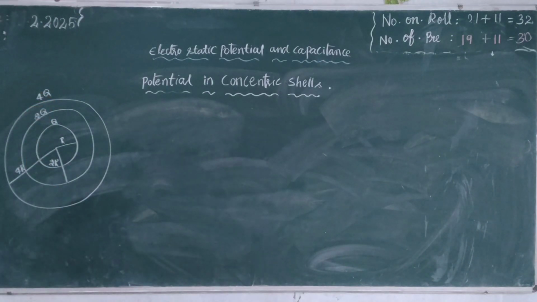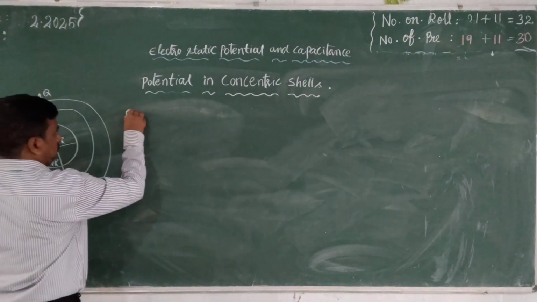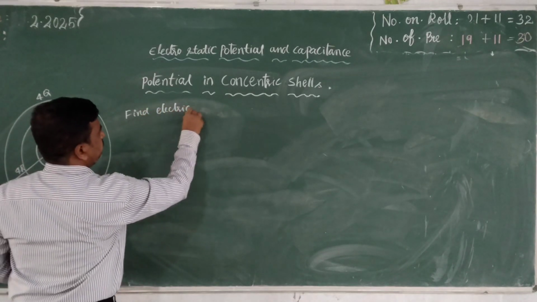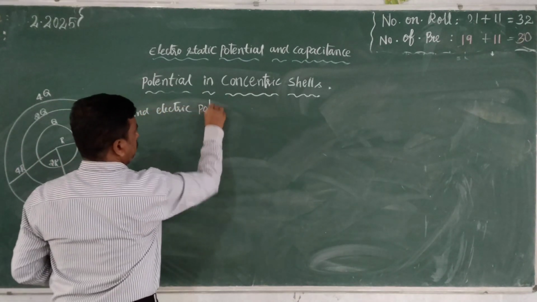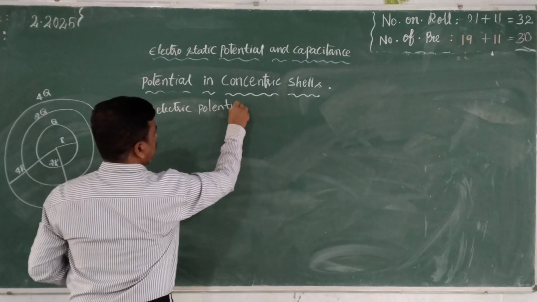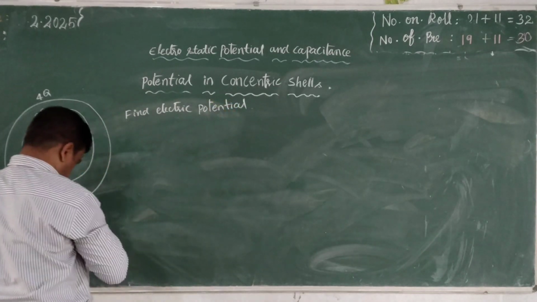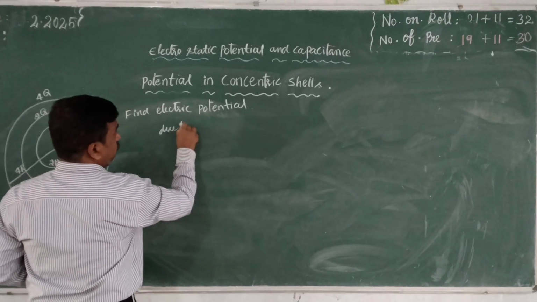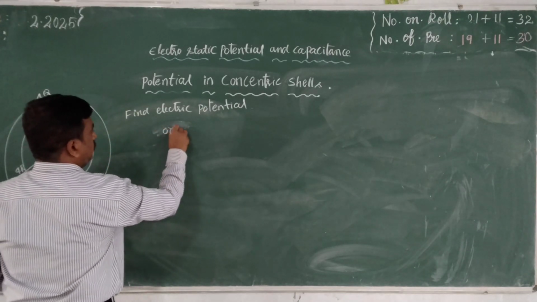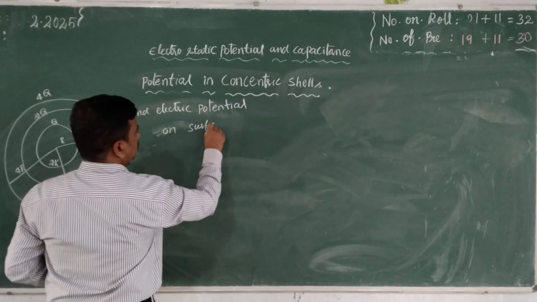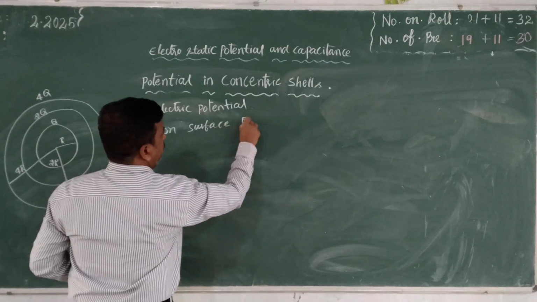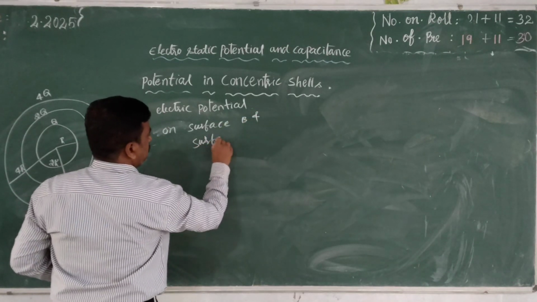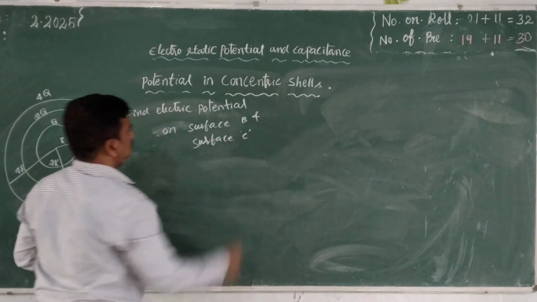We have to find the electric potential on surface B and surface C. This we want to find out.